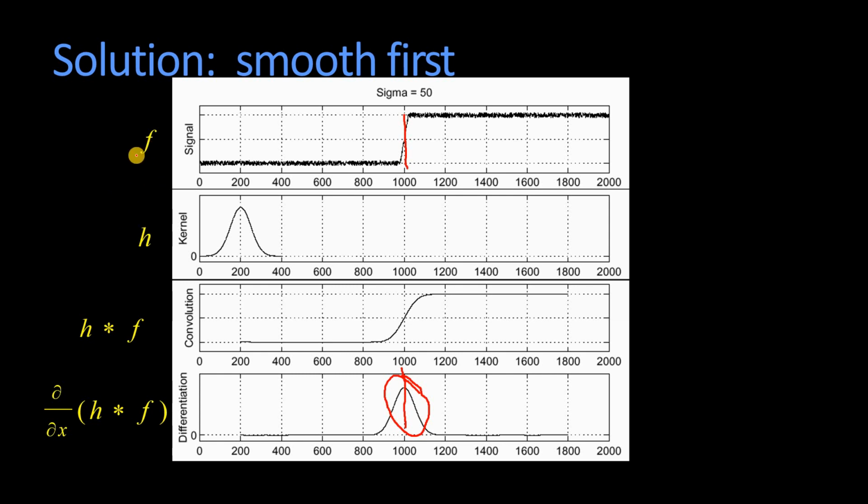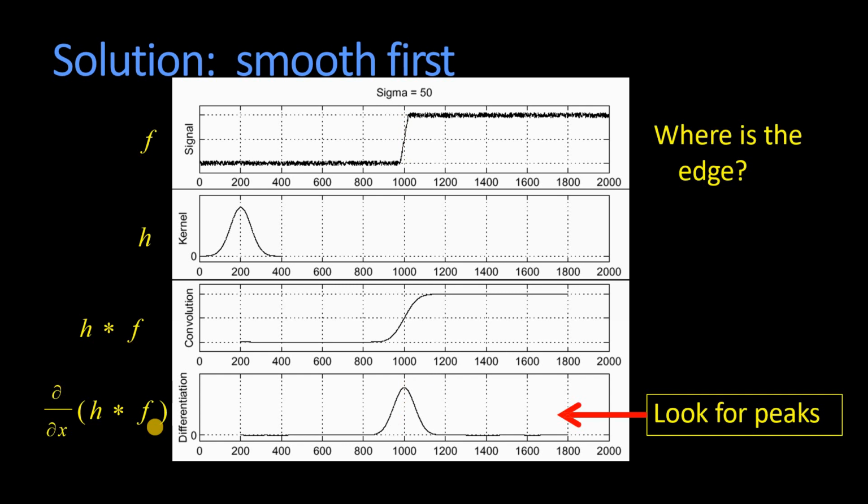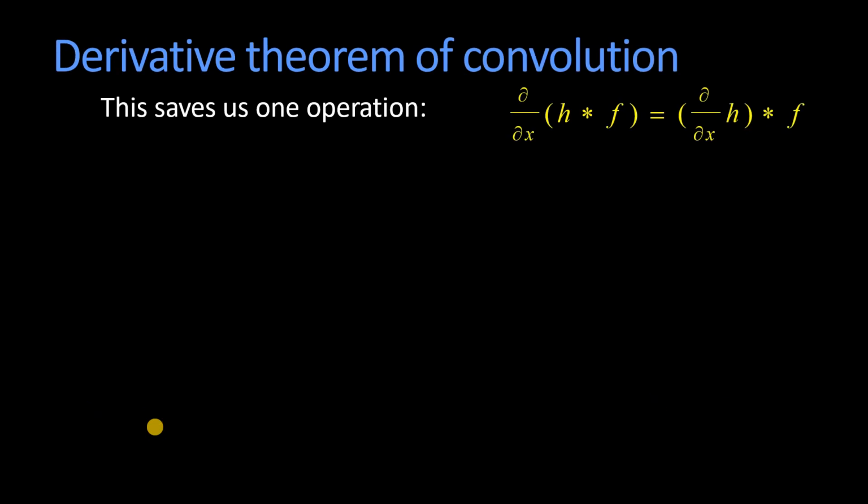We take the image, we take the kernel, and we make the image smoother by applying the kernel, and then second, we apply the partial derivative on the smooth, blurred image. Clear? Shall we go next? So we did this, problem solved. You look for the peak value, and that will give you the edge.